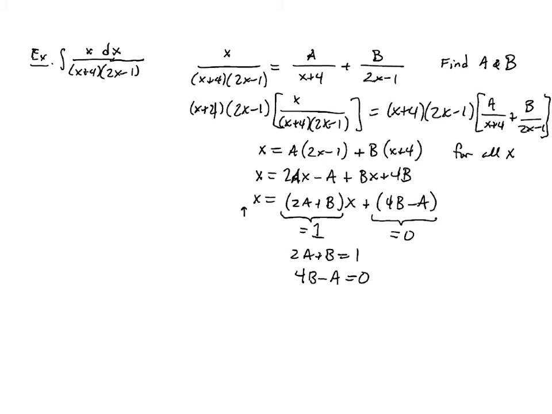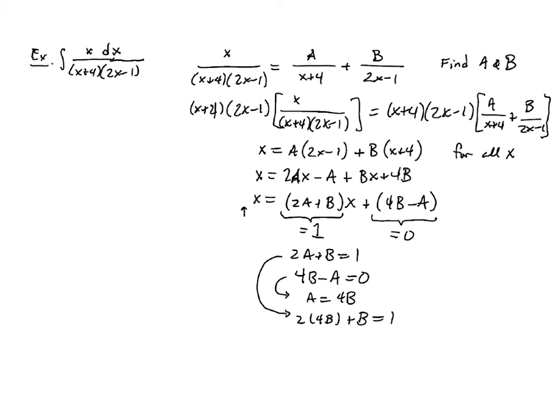I can solve the second one for A, and I get A equals 4B. Substitute that into the first equation, and we get 2 times 4B plus B equals 1.